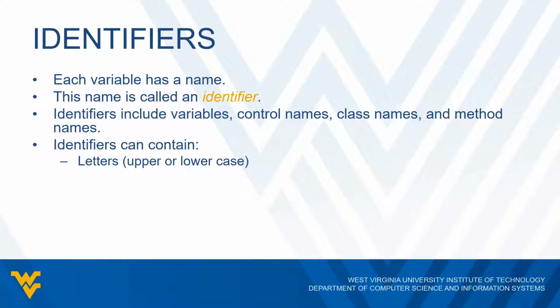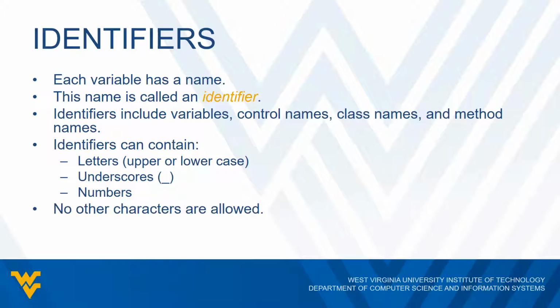We're allowed to have underscores, and we're allowed to have numbers. The big thing is that it cannot have anything else. No other characters are allowed. We're only allowed to have letters, underscores, and numbers. This also includes spaces. We cannot have a space in an identifier.